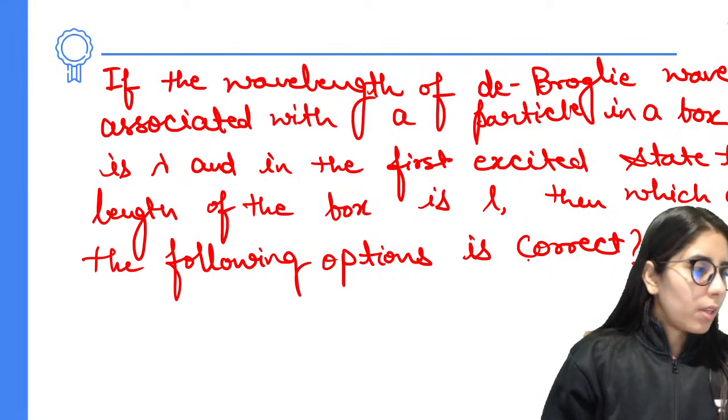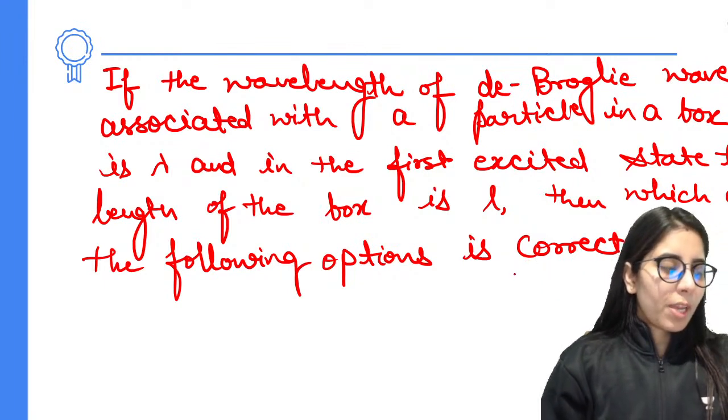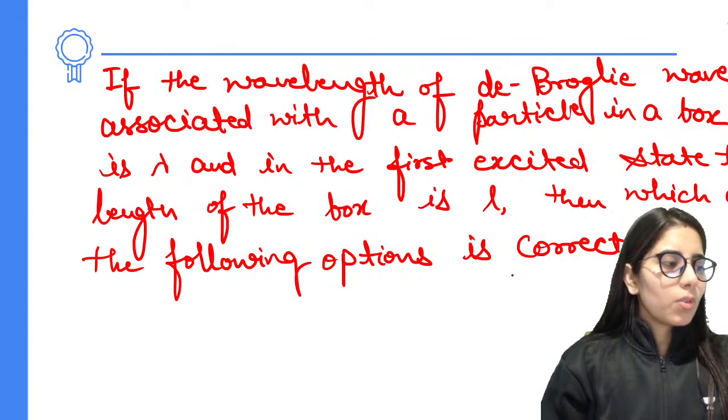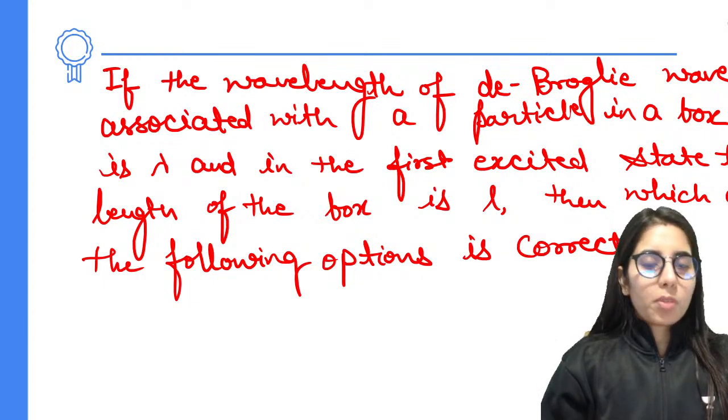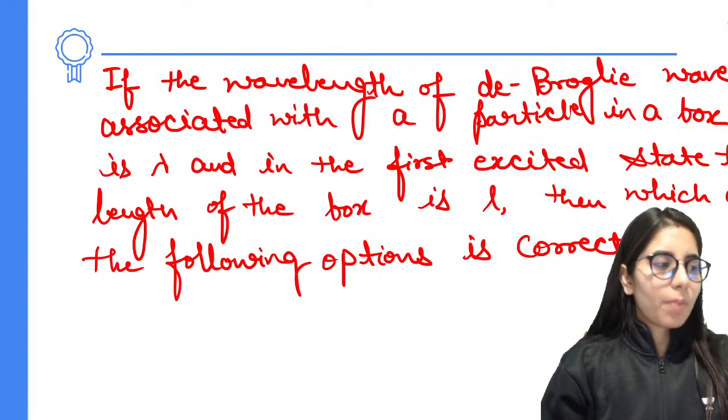That is, lambda is greater than L, lambda is less than L, lambda is equal to L, and cannot deduce the relation from the given information. Means none of these, or you can't determine it.